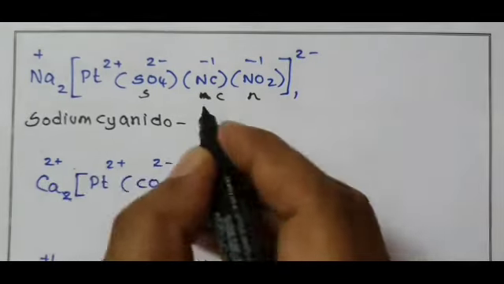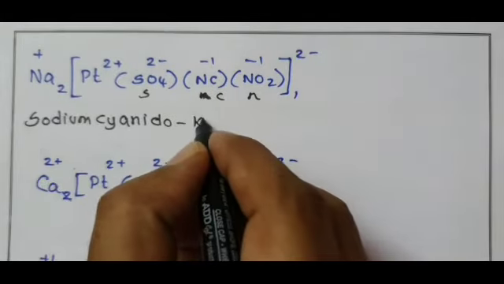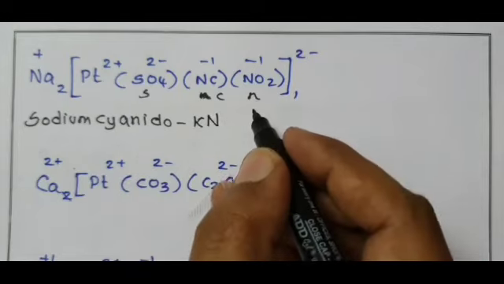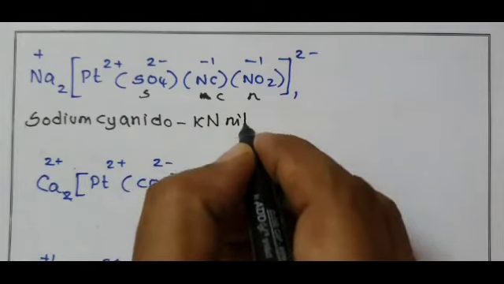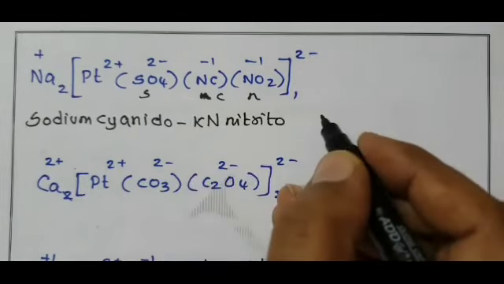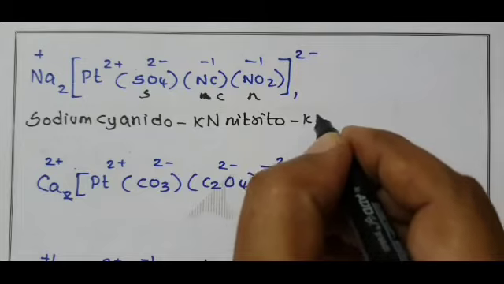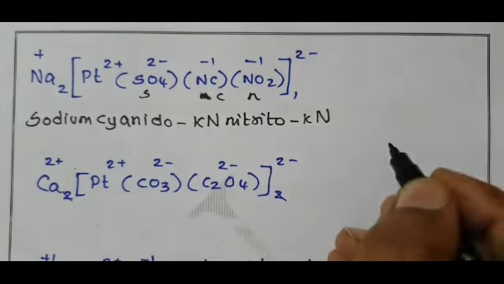Kappa, what is the donor atom? Kappa, donor atom N. Then one more ambidentate ligand, nitrito. Kappa, what is the donor atom? N. Kappa, donor atom N.